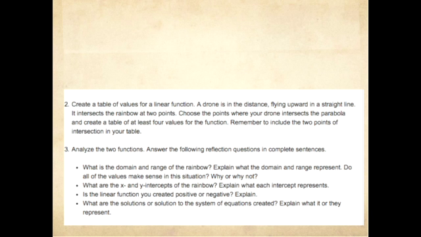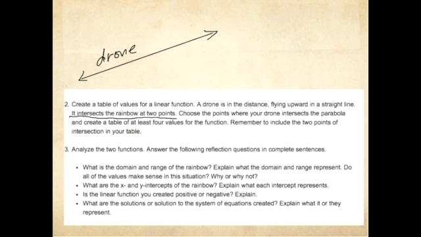So a drone is flying upwards in a straight line. Okay, great. So what that means to me is that we've got a drone going something like this, upwards in a straight line. Okay, so here's my drone. And it says it, meaning the drone, intersects the rainbow at 2 points.